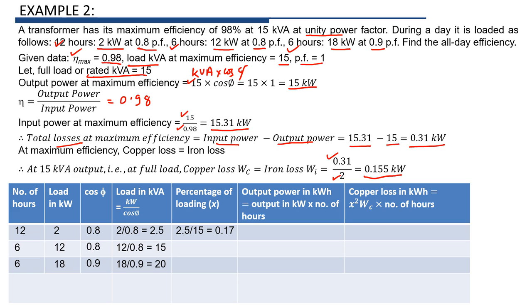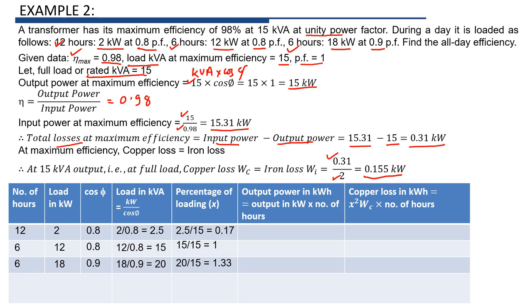Means in the first case there is 17% load. During the next slot X will be equal to 15 upon 15, that is 1, and in the next slot it is 20 upon 15, which is equal to 1.33. Means during this period the transformer is overloaded, and it is 33% overloaded.